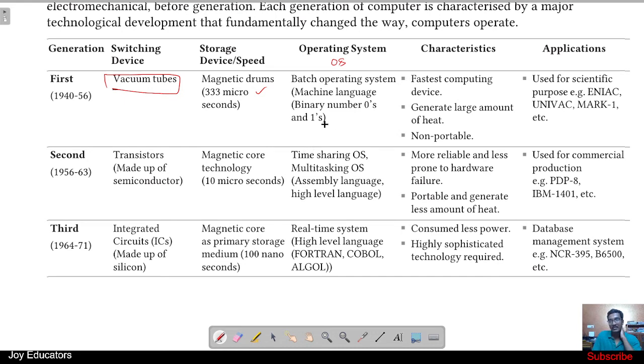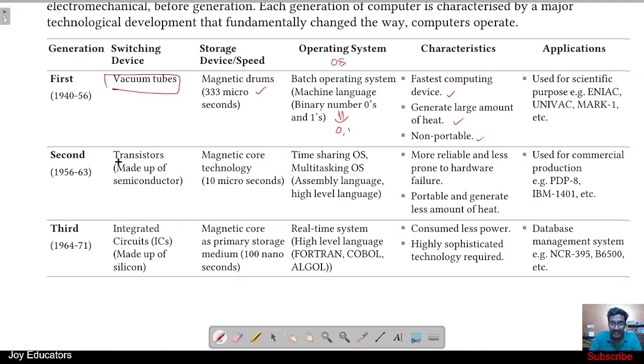The numbers are binary, zeros and ones. The characteristics are that it is the fastest computing device of its time, there is large heat because it's a big room, and it is non-portable. So this is the first generation.